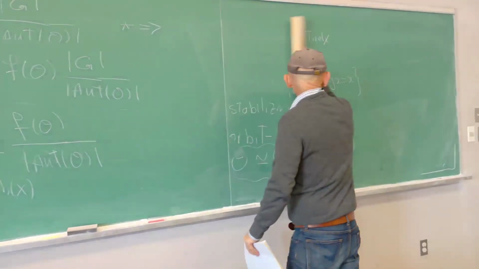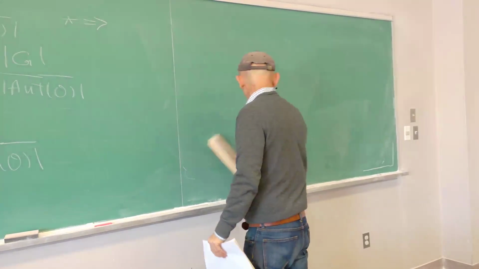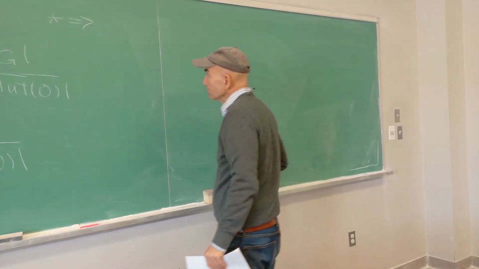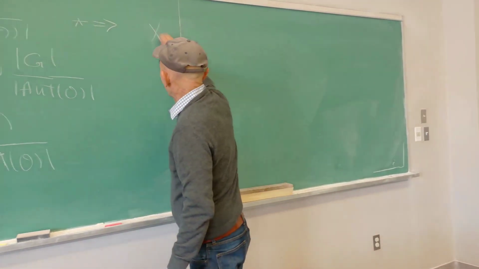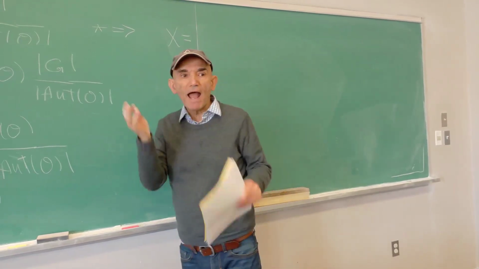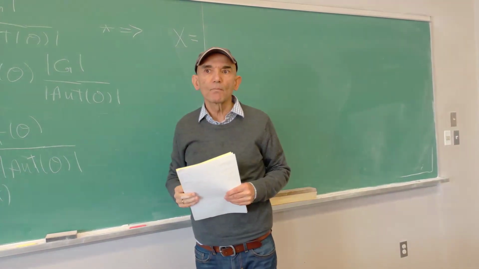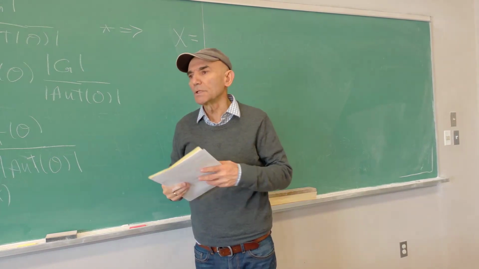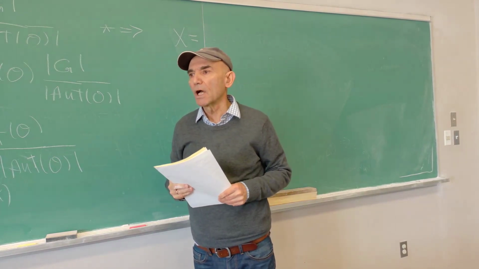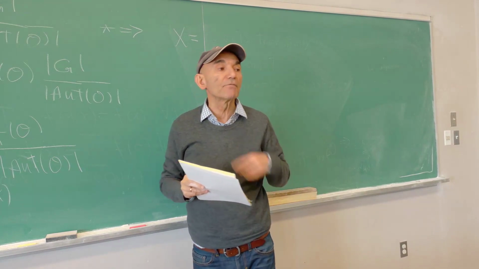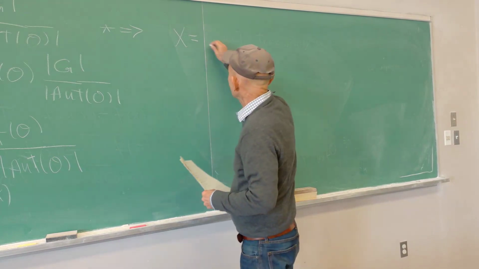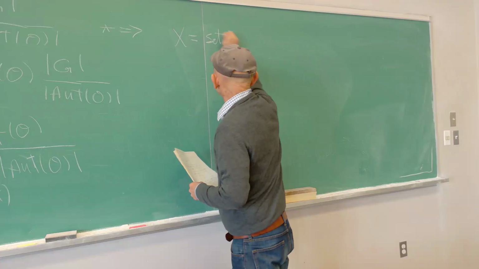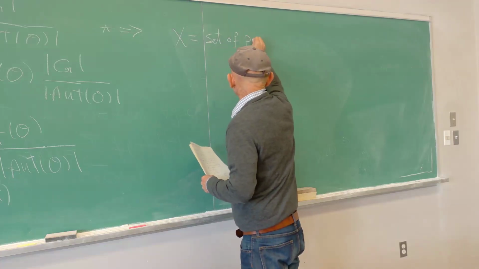In the actual Feynman's theorem, x was the set of half edges. To be precise, x is the set of pairings of half edges.